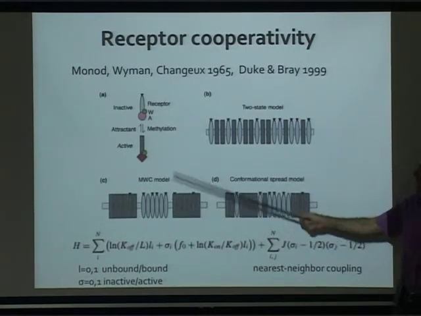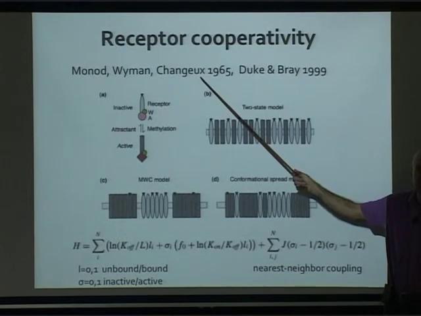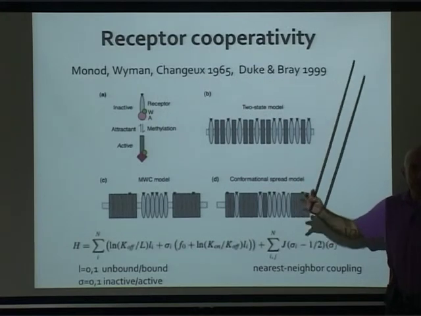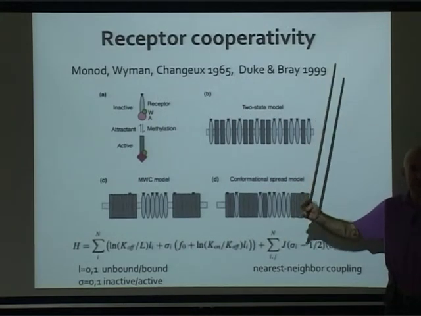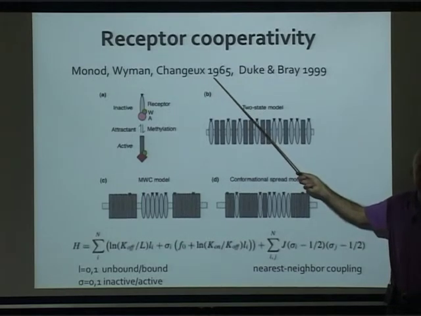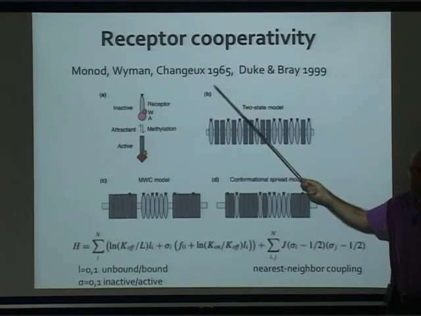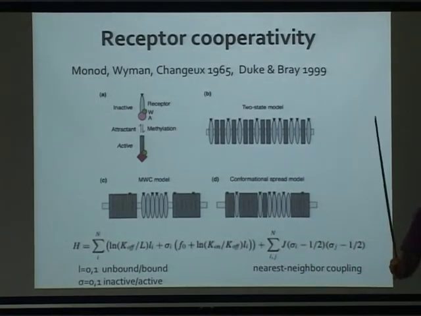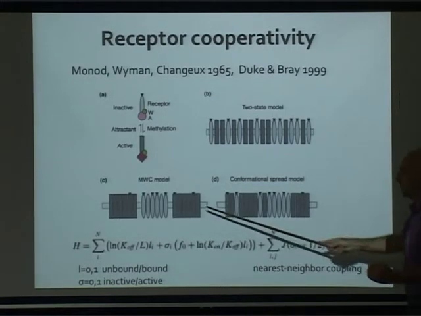This is the celebrated allosteric model by Monod, Wyman, and Changeux, which is a very basic mechanism for allosteric response, or response of a protein as a whole to stimulus with several binding sites. And actually, this is the one that is relevant for receptor clusters. Receptor clusters behave as a single unit, so they are strongly coupled together. They switch from active to inactive as a whole.